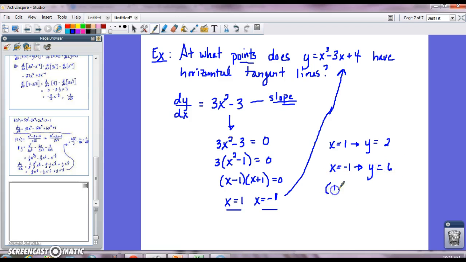And so your 2 points where you have horizontal tangent lines would be at (1, 2) and (-1, 6). Meaning you have some function here, here's your horizontal tangent line, and here's your horizontal tangent line. I did not draw those exactly right; this is just for demonstration purposes.